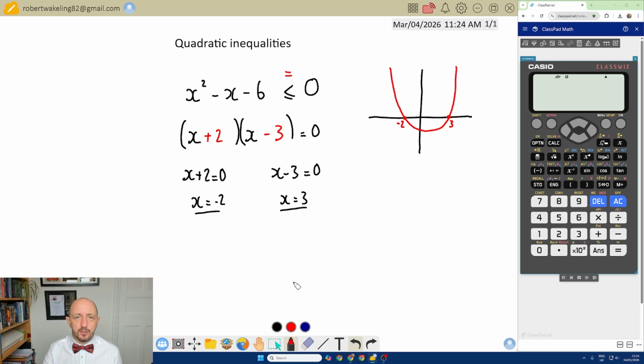If we now put the inequality sign back in, in this case less than or equal to 0, we're asking ourselves the question, where on this graph is the y coordinate negative, less than or equal to 0? Okay, if you were to put a dot on this graph and sort of trace your way around, where would the y coordinates be negative?